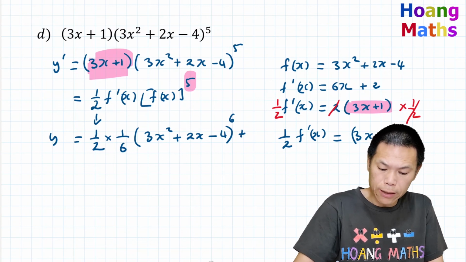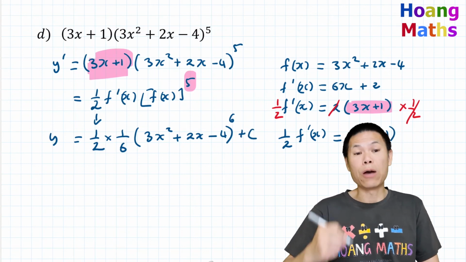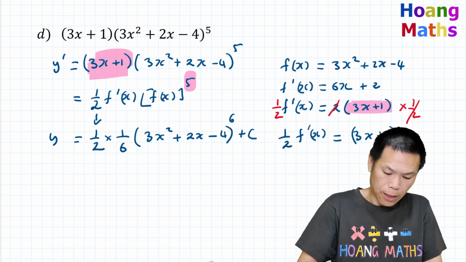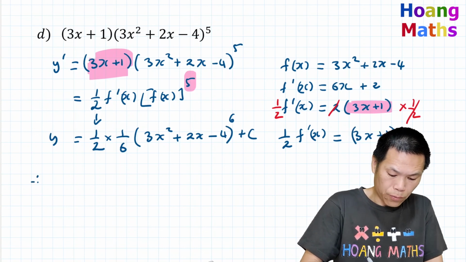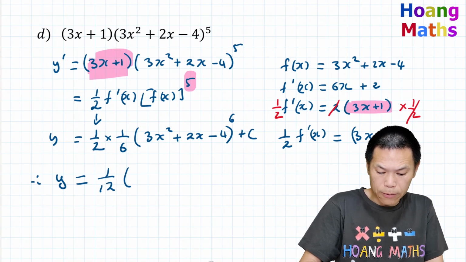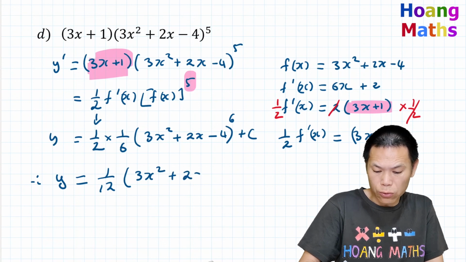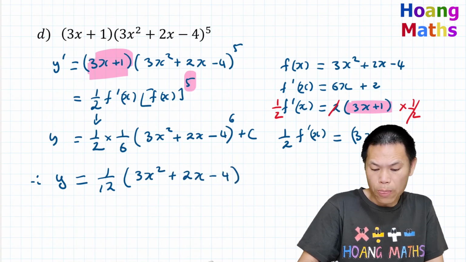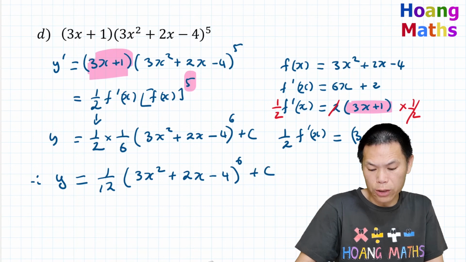And don't forget, we add a constant. So now what I do, I just simplify this. So therefore, y is equal to 1 over 12, brackets, 3x^2 plus 2x minus 4, power of 6, add a constant.